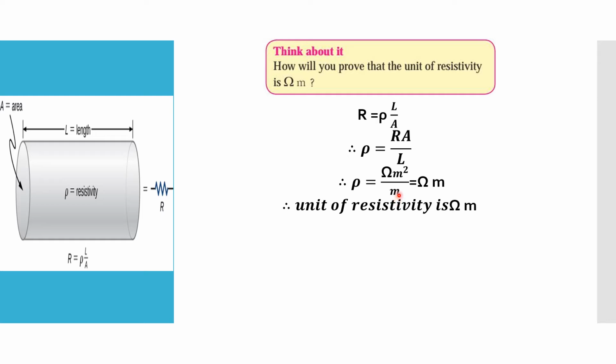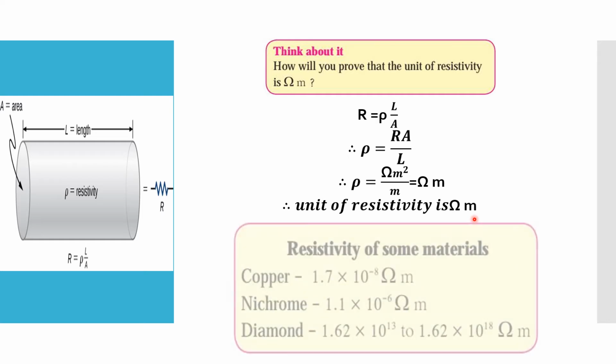We have replaced these units. Now these m square and m get cancelled with each other. Then we can write rho is equal to ohm into meter, and therefore we can say that the unit of resistivity is ohm into meter. This is the SI unit of resistivity.